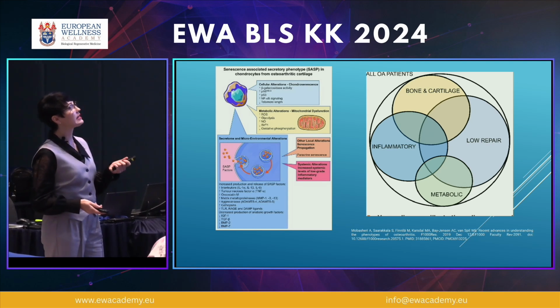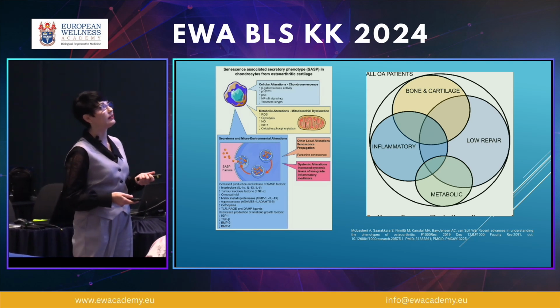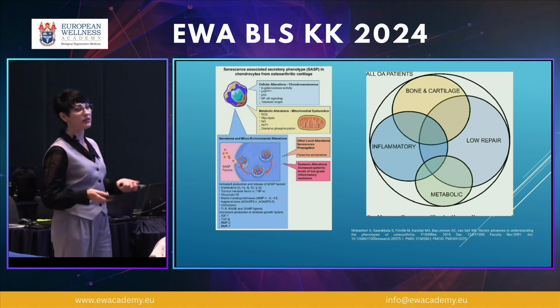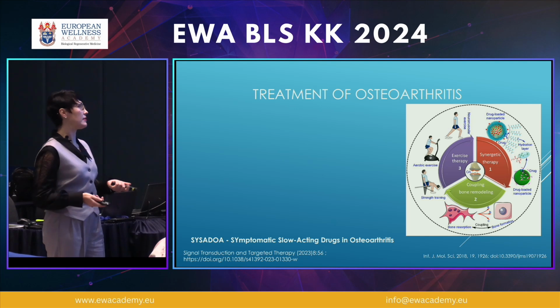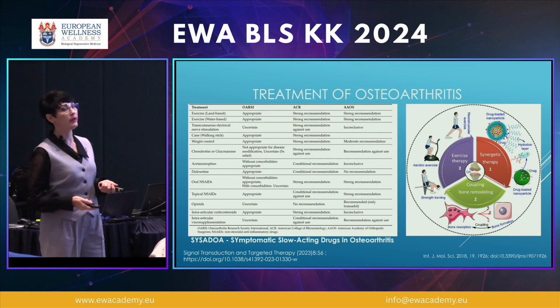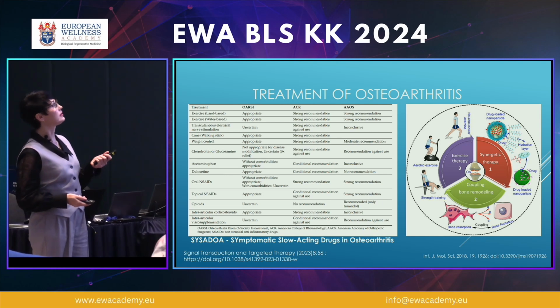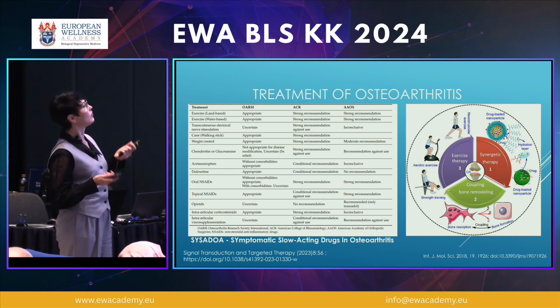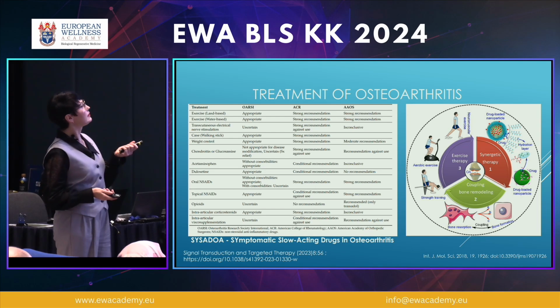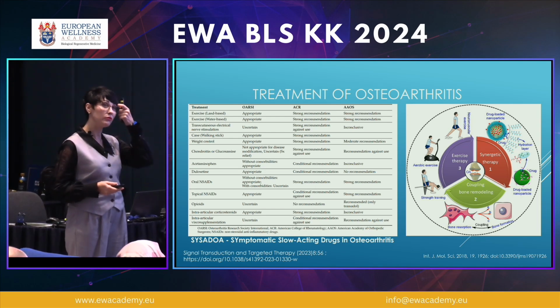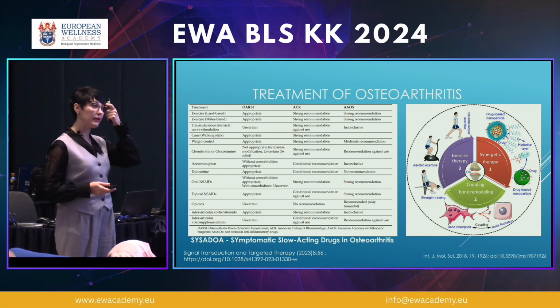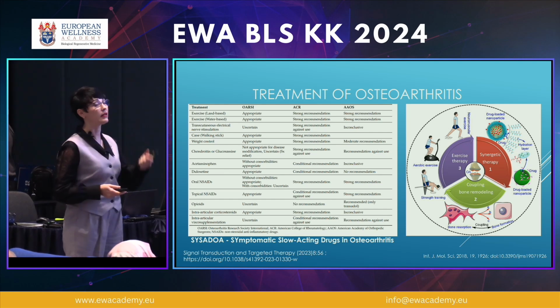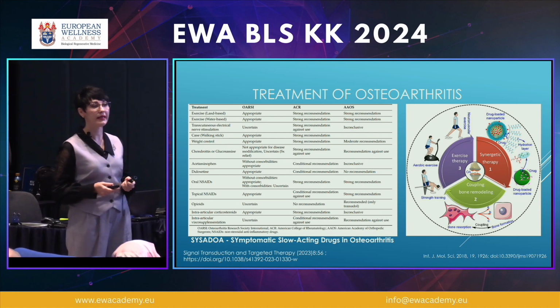If you have senescence-associated phenotypes of osteoarthritis, all the mechanisms of senescence we talked about today and yesterday can be involved. So what do we have in conventional medicine? This slide reflects that. First place is exercise in any guidelines, OARSI or ACR or others. Then non-steroidal anti-inflammatory medicine and intra-articular corticosteroids. But I need to emphasize very seriously that intra-articular corticosteroids should be used only in case of severe synovitis.